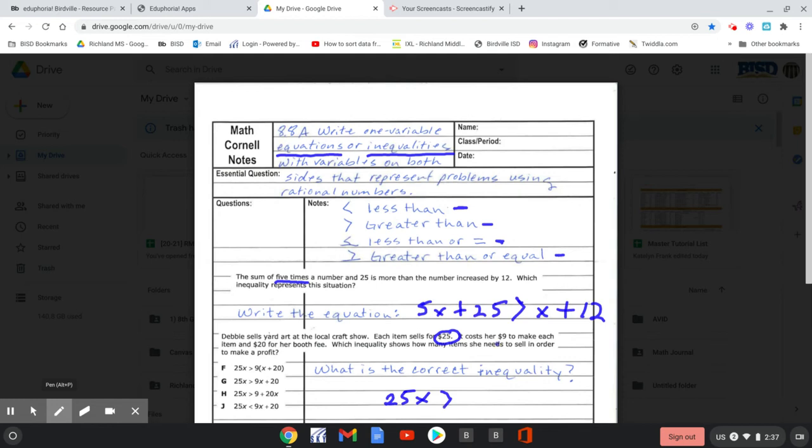Her cost is $9 each, so that's 9x, plus she has a one-time booth fee of $20. This is how we would know if she has a profit or not, if this side is higher than the other side. So let's see which one looks like that. Okay, it looks like G is our answer.